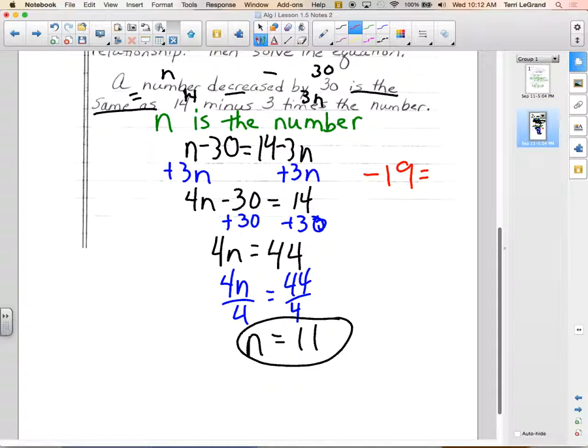So if you had set this up wrong and you got the answer 5 and you went and said, okay, a number decreased by 30. 5 decreased by 30. What's 5 decreased by 30? Negative 25. Is the same as 14 minus 3 times the number. Well, 3 times 5 is 15. 14 take away 15 is negative 1. So we get the same thing on both sides? No.